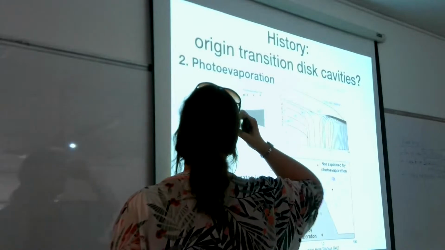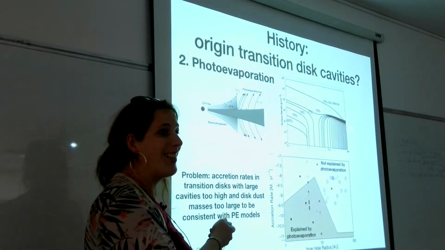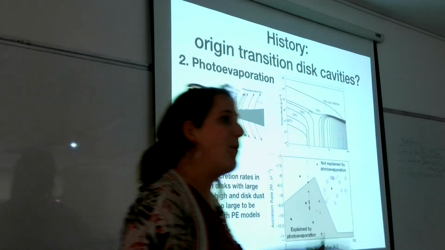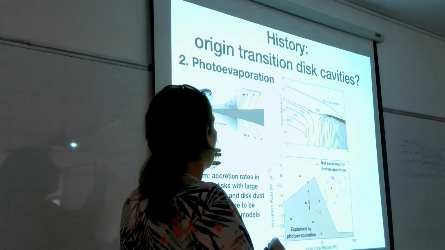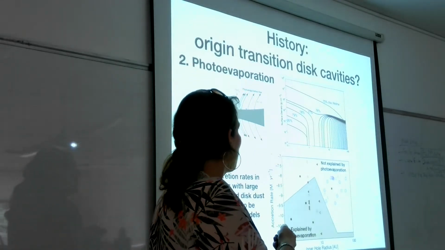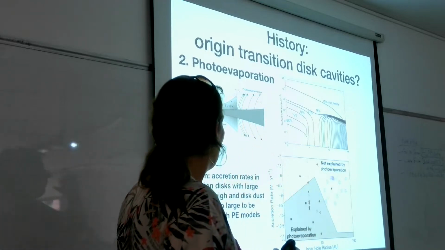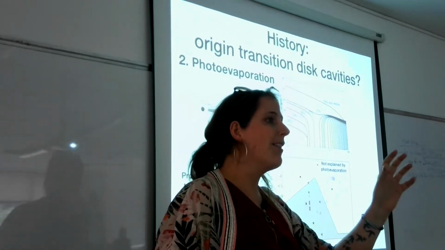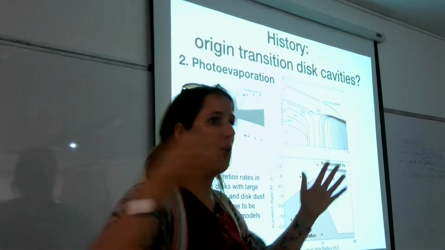Another very popular explanation was photoevaporation. Because you remember, as we talked about this morning, that when the accretion and the gas surface density drop below a certain level, photoevaporation clears a gap at a few astronomical units, and then that gap quickly expands. So maybe when we're observing transition disks, we are capturing the moment that they are in the process of dissipating, in the process of clearing.